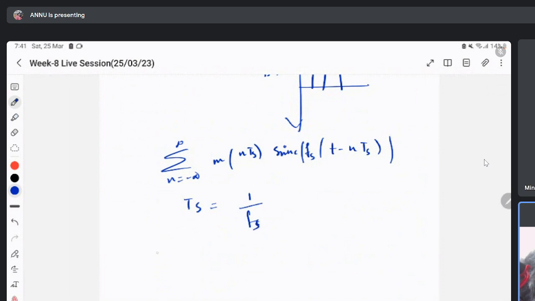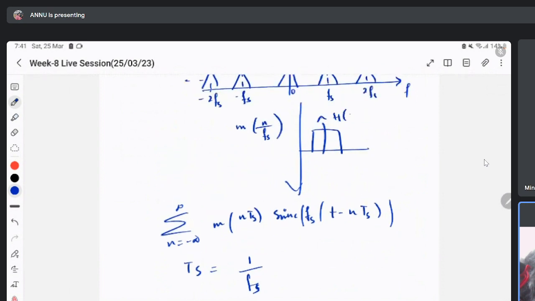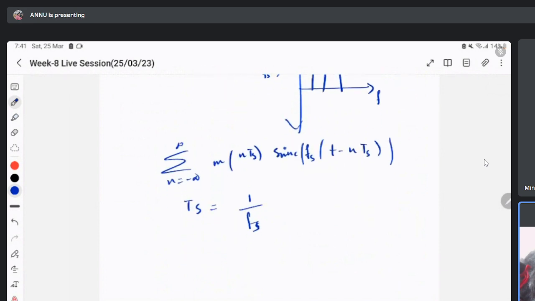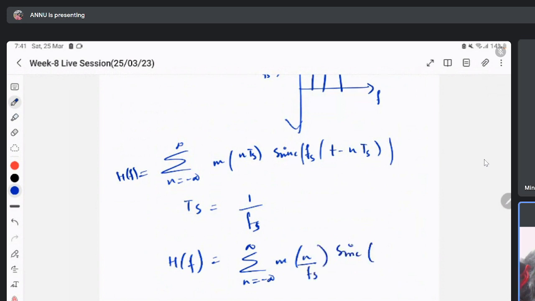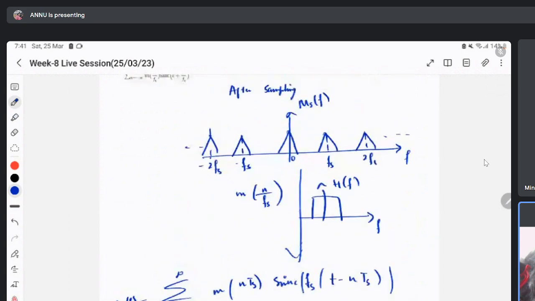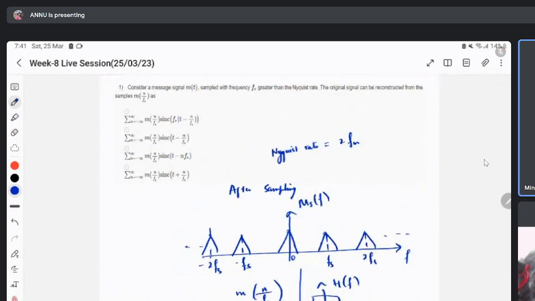The expression for h(t) equals the sum from minus infinity to infinity of m(n/Fs) sinc(Fs t minus n). Just let me know if I am wrong anywhere. Nice, the answer is A.